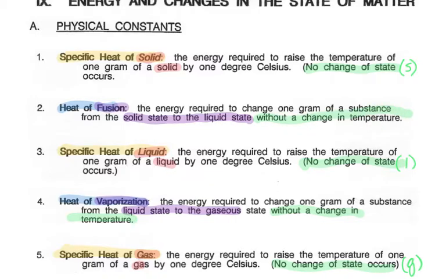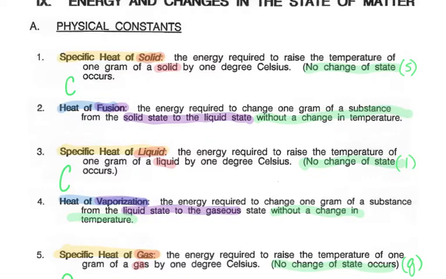You may have noticed that in chemistry we use lots of abbreviations. Well, we have abbreviations for these also. So every time you see specific heat, the official abbreviation is the letter C. And that just means it's a constant because this is a constant for something.